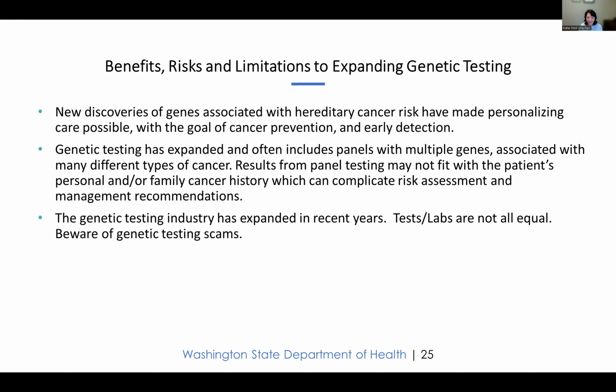Sometimes it can be complicated in interpreting what these results mean for families in the context of their family and health histories. And also there's been a lot of expansion in the genetic testing industry in recent years, and there's not standardization in this space, and there's a lot of variability in the labs that are out there.